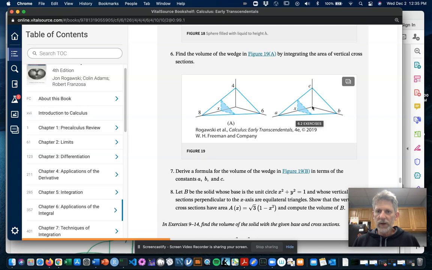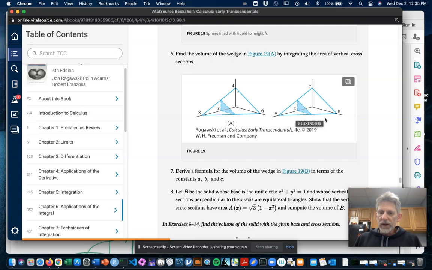From x is 0, and that would give you a right triangle that's on the YZ plane, all the way up to x is equal to a, where the triangle shrinks down to nothing. And all of those little cross sections are right triangles. They have a base that's in the xy plane, and then they've got this vertical height that's over in the xz plane.